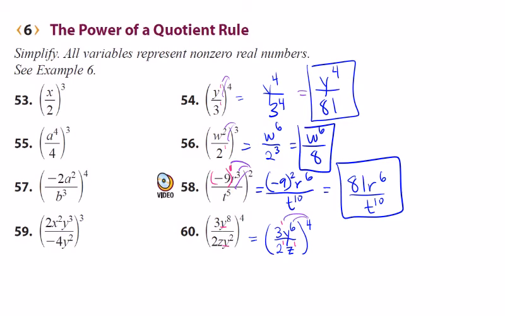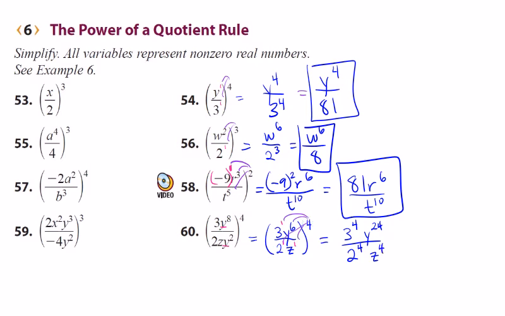All right, so now we're going to distribute the outside exponent to the inside exponents. So we're still going to have all these bases, right? Leave room for the exponents, but now we're going to have new exponents. 4 times 1 is 4. 4 times 6 is 24. 4 times 1 is 4. And 4 times 1 is 4.